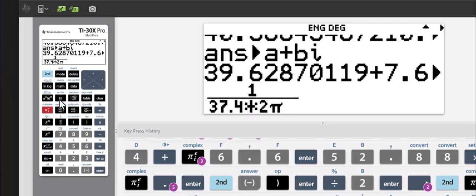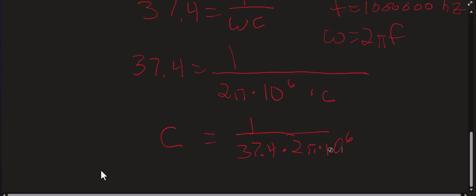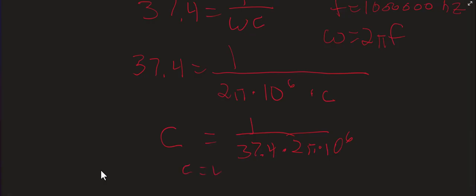Does this calculator let me do 2 pi e to the? Yeah, that's right. Okay, so 4.26 nanofarads for the capacitor.